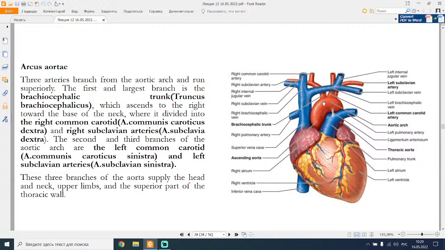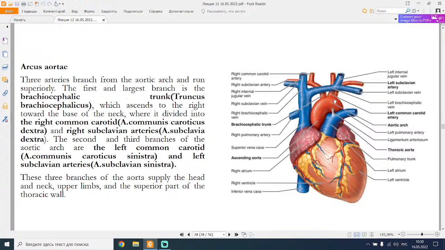The first and largest branch is the brachiocephalic trunk, truncus brachiocephalicus, which ascends to the right toward the base of the neck, where it divides into the right common carotid, arteria communis carotica dextra, and arteria subclavia dextra, the right subclavian artery. Truncus brachiocephalicus divides into two branches, arteria communis carotica dextra and arteria subclavia dextra.